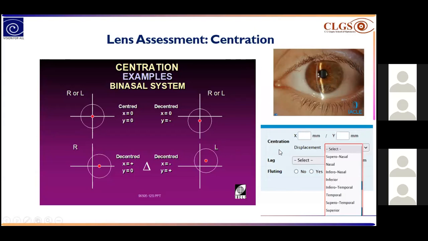And for the left eye, as it is decentered supratemporally, for the x-axis we have to give a minus sign, and for the y-axis we have to give a plus sign, because in the y-axis it has decentered superiorly and in the x-axis it has decentered temporally. So for temporal we give a minus sign, and for superior we give a plus sign. Accordingly, we measure or document the decentration of the contact lenses using this binasal system.